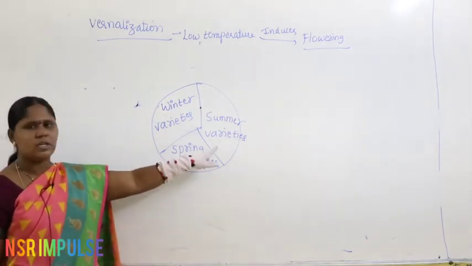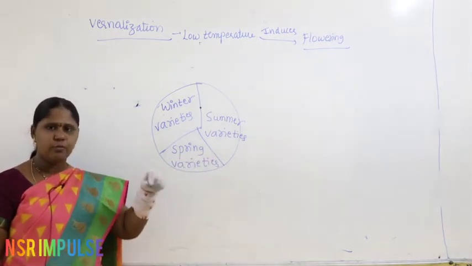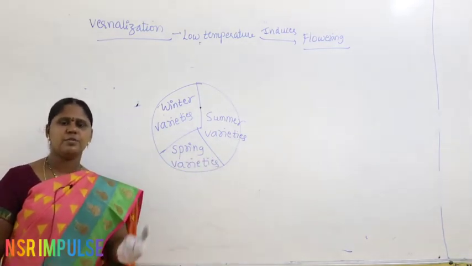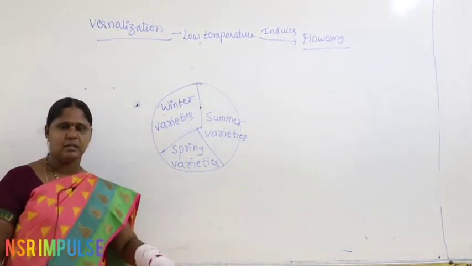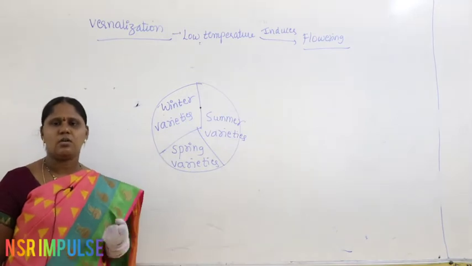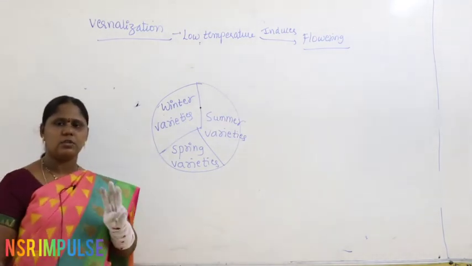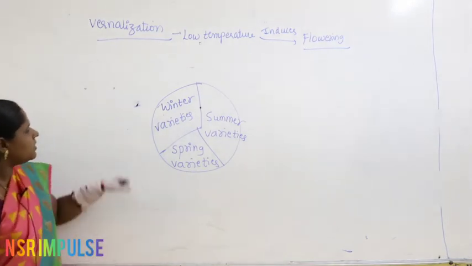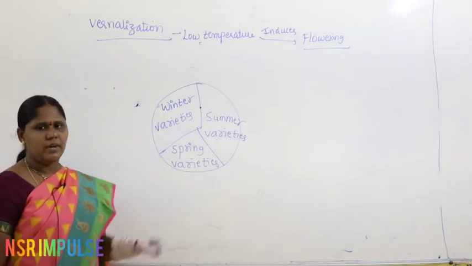Jasmine flowers only in summer season, so that is called a summer variety. Some we have to put in winter only, then only germination occurs. They are called winter varieties. Some we have to put in spring season, then only germination occurs. They are called spring varieties. So altogether we divide the plants into three categories: winter varieties, spring varieties and summer varieties.